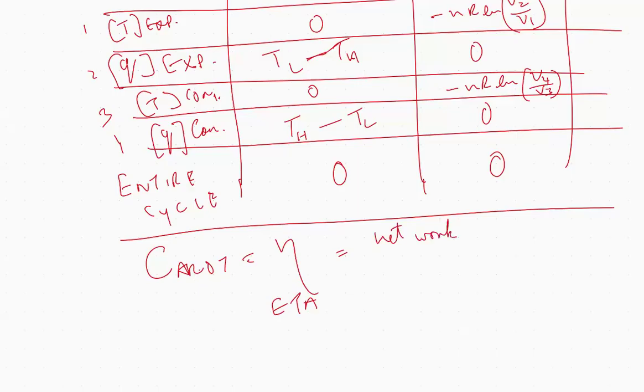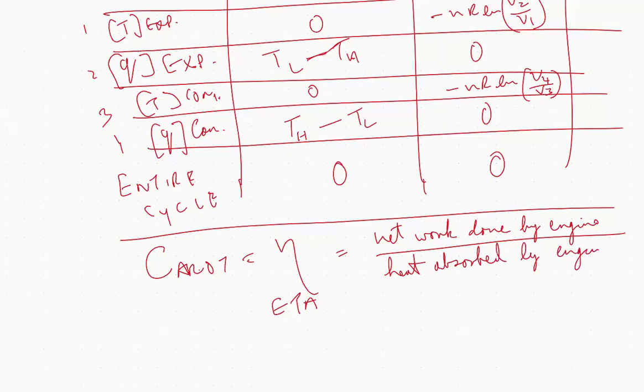Net work done by engine, okay, divided by heat absorbed by the engine. Okay, it's the heat engine. Heat. So it's given by the work. So engine is a system, and Q. Okay. Now, what we learned earlier, we put all those things together.